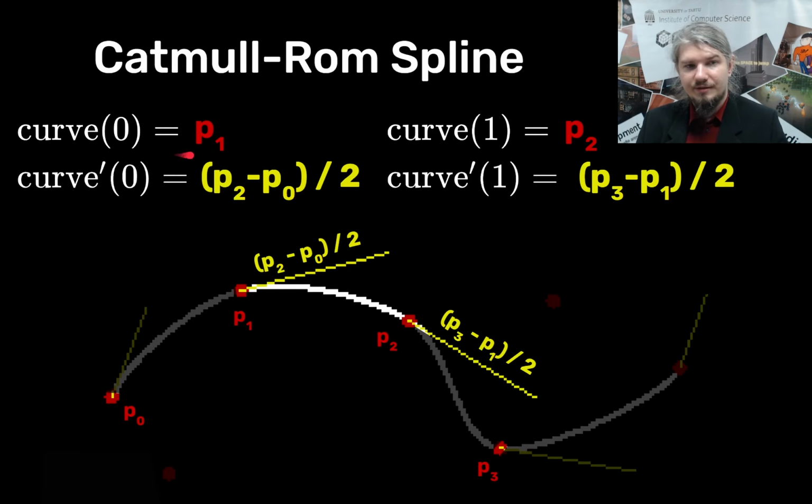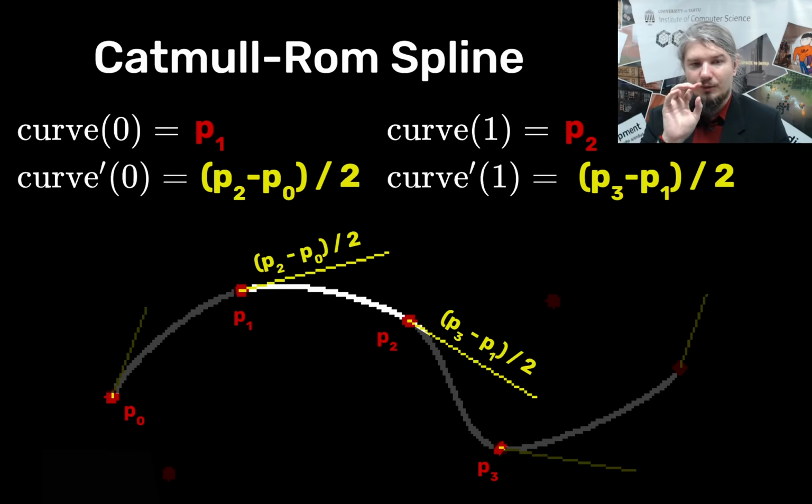Now the constraints: at curve 0 it needs to be at P1, at curve 1 it needs to be at P2, and in this case we have these other 2 control points here. So when we look at the constraints, we actually have these 4 points. If we create a spline, these will be the points that the entire spline passes, except for the very first point on the spline and the very last point on the spline.